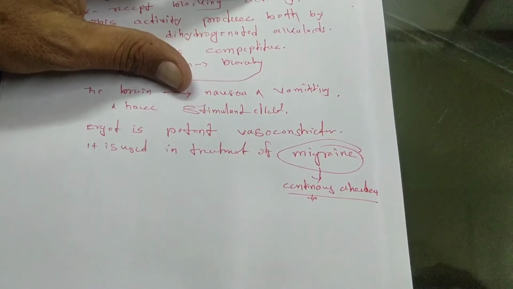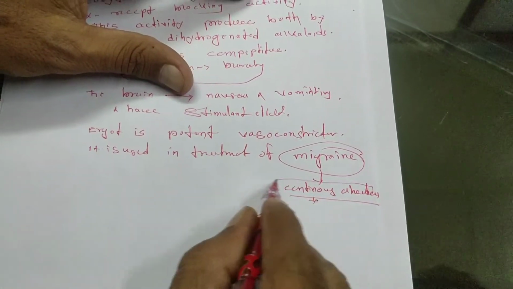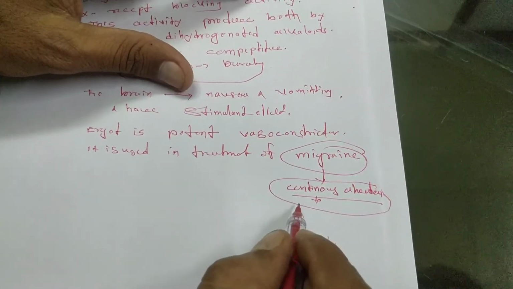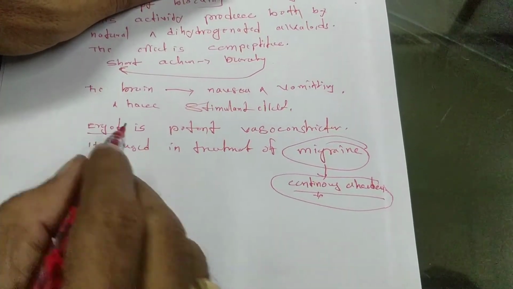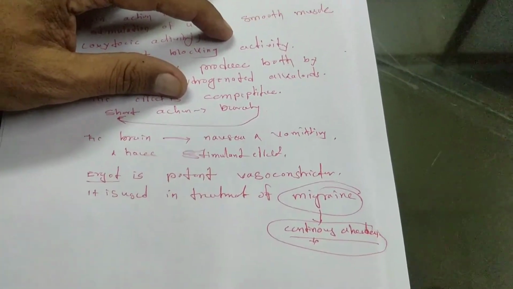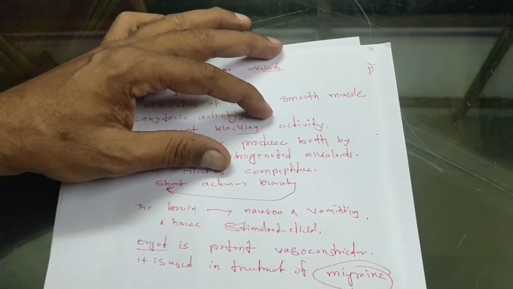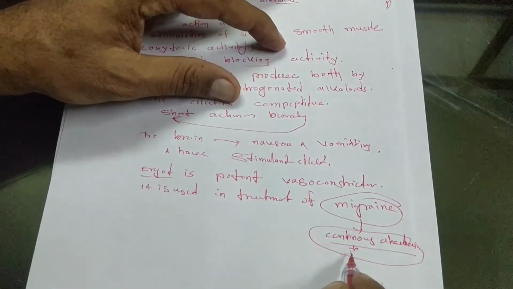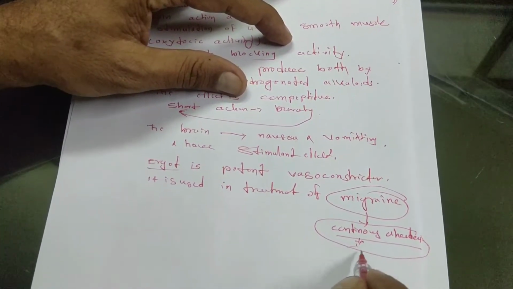It can't stop within one or two hours. There is no use of analgesic drugs. Only ergot alkaloids are the best treatment in migraine. The pain is an unbearable headache.